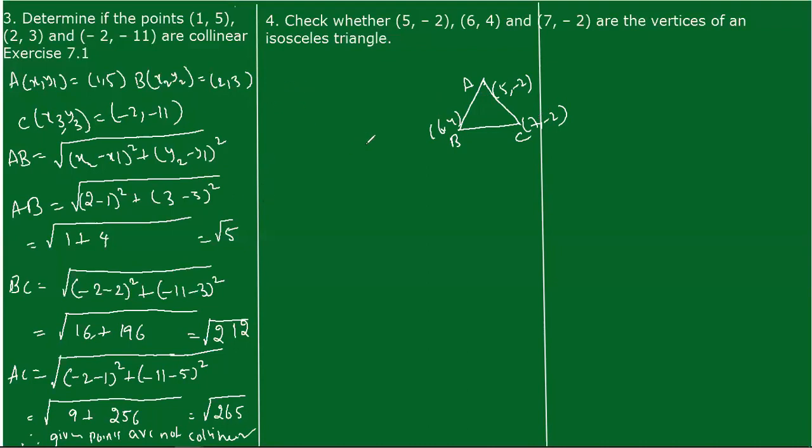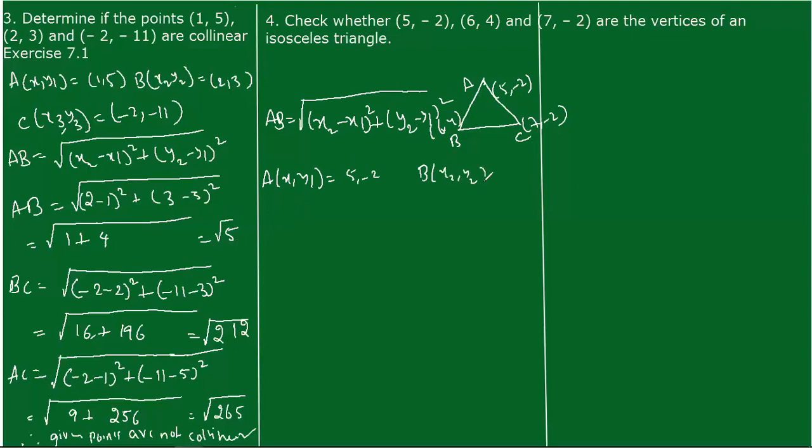We apply the distance formula: the root of (x2 minus x1) whole square plus (y2 minus y1) whole square. First we'll solve AB. A is x1, y1 equal to (5, -2) and B is x2, y2 equal to (6, 4).